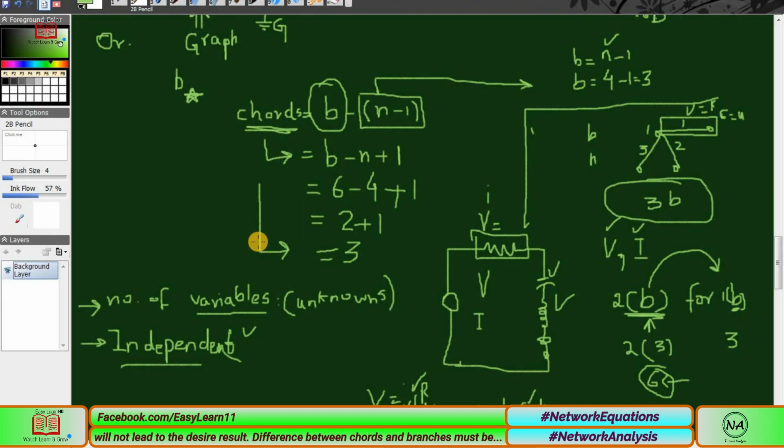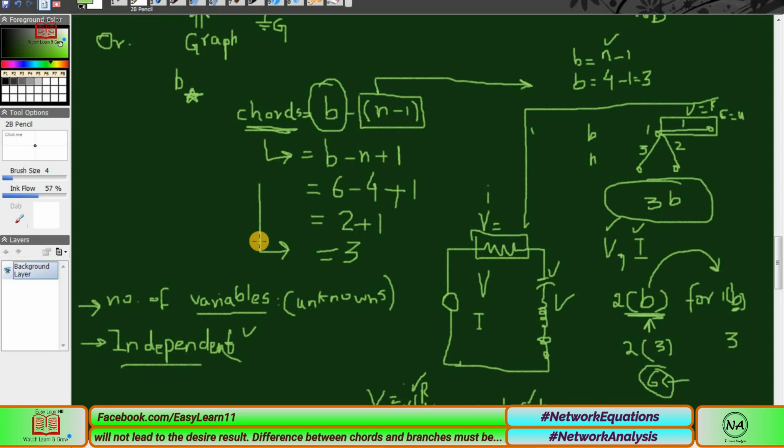Okay, now we are moving toward writing the equations, but first there are some important points that we need to describe. These are very useful. So let's discuss these points for using Kirchhoff laws to write the equations for the b unknowns.